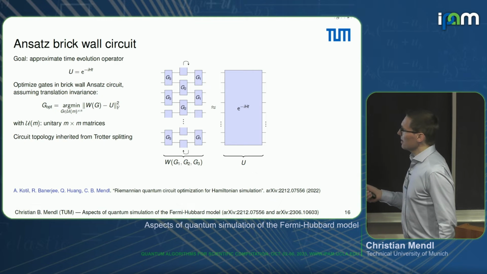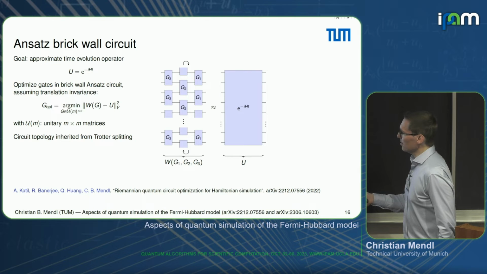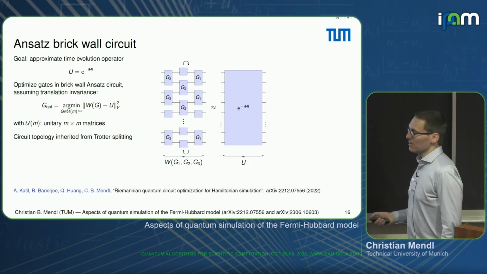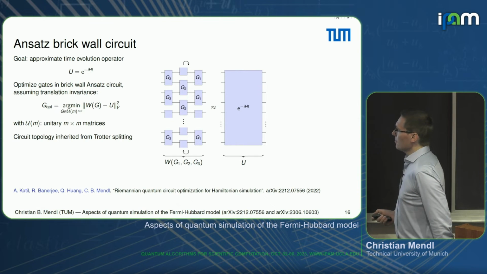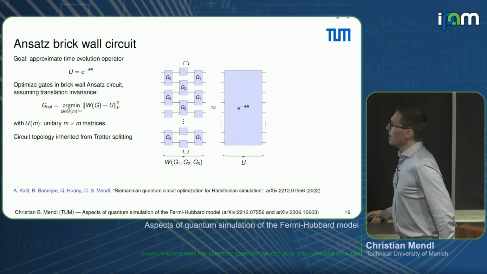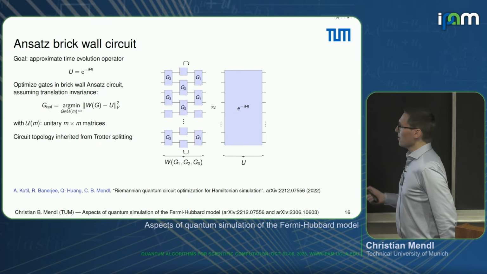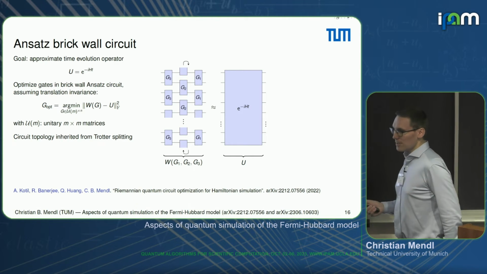We also assume here that this is translation invariant, which will become important later. So you see that in each layer there's the same G. There's G1 in the first layer, and this G1 is repeated, and the other G's are also repeated. We minimize the distance with respect to the Frobenius norm. One important thing to keep in mind is that these gates are unitary matrices.